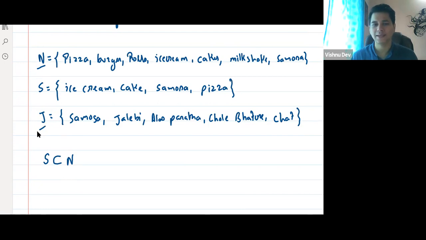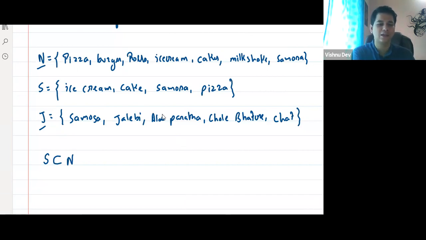Can I say the choices of Janvi is a subset of the choices of Navya? No, sir. It is very clear. It is an independent set. Yes, very good. Everyone, easy? Okay, very good. So this is very easy, right?